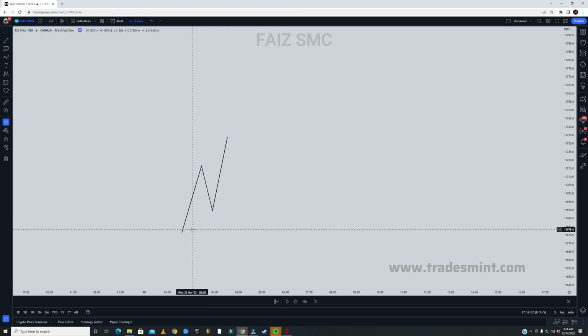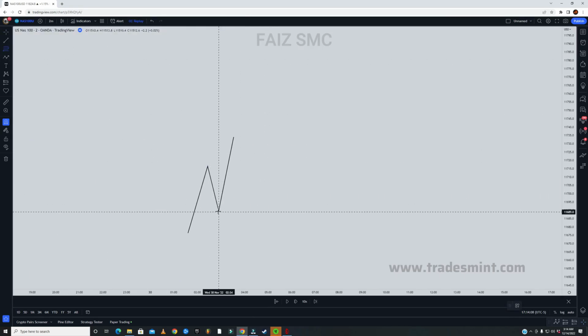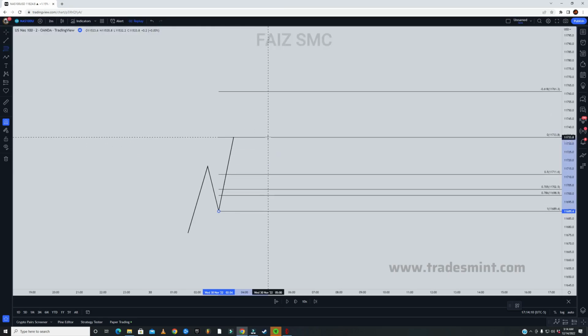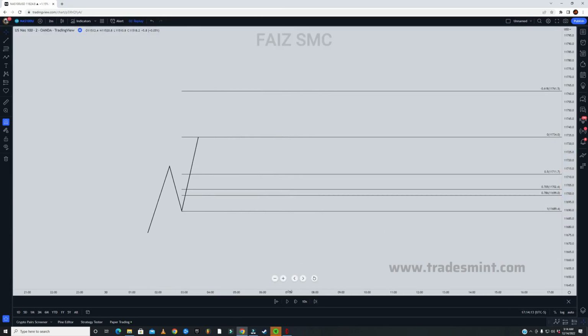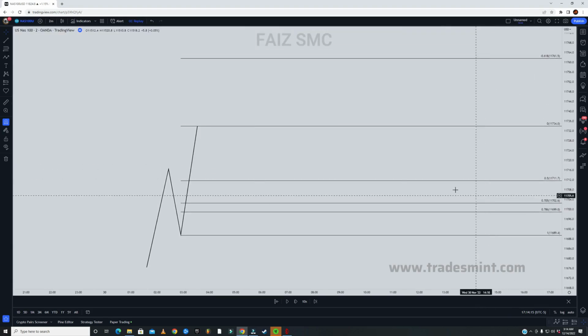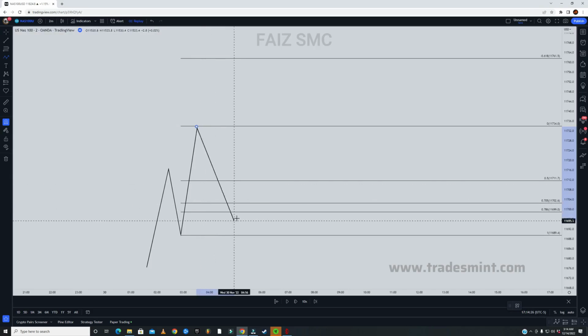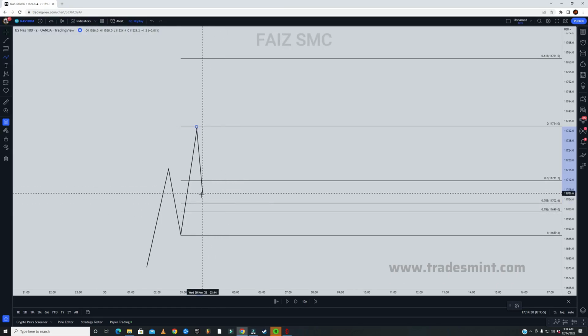When you have a new higher high, you use your Fibonacci from that new higher high, and you wait for price to come back into a discounted zone. Then you can look for SMT divergence around this level on a 15-minute time frame. That is going to increase your win rate by even more.